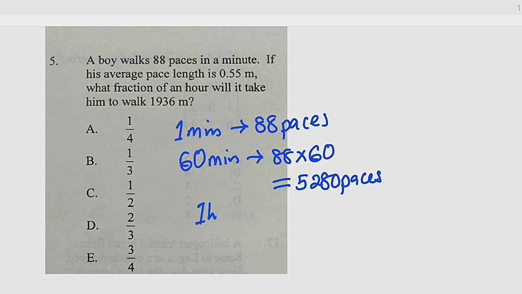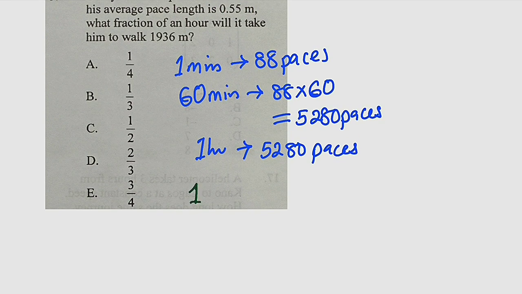Therefore, in 1 hour, he walks for 5,280 paces. But according to the question, he covered 0.55 meter in every single step. So what do you expect in 5,280 steps? He will cover this times 0.55.